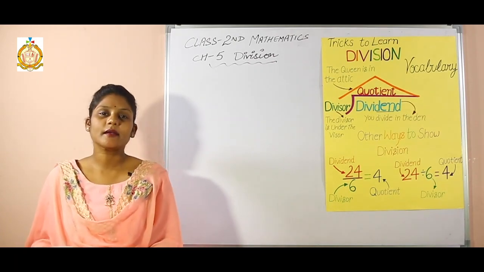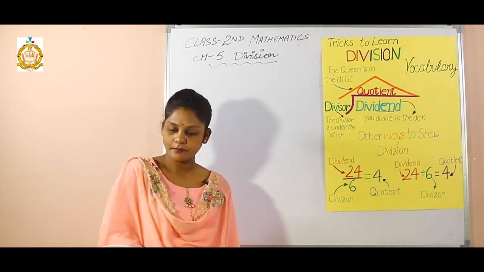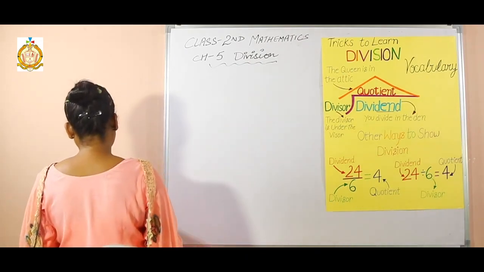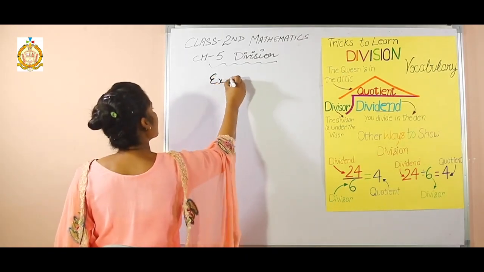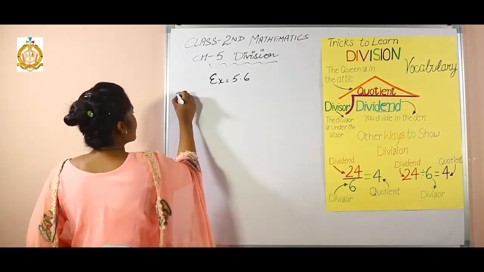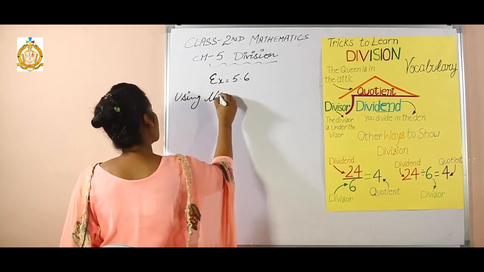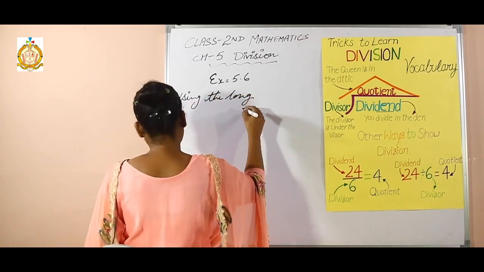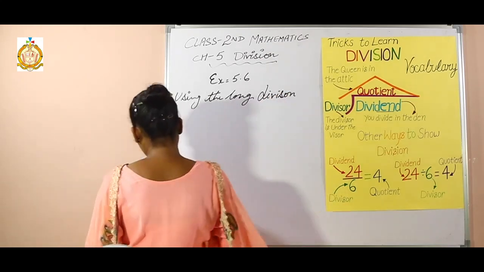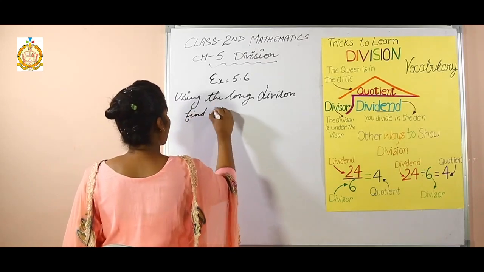So first of all we are starting from our exercise 5.6. Here is the main heading: using the long division, find the quotient.